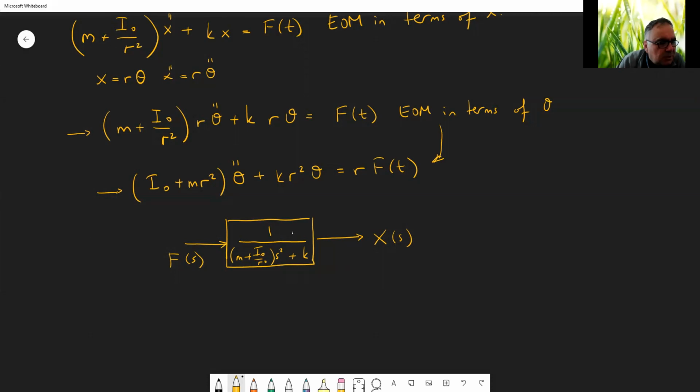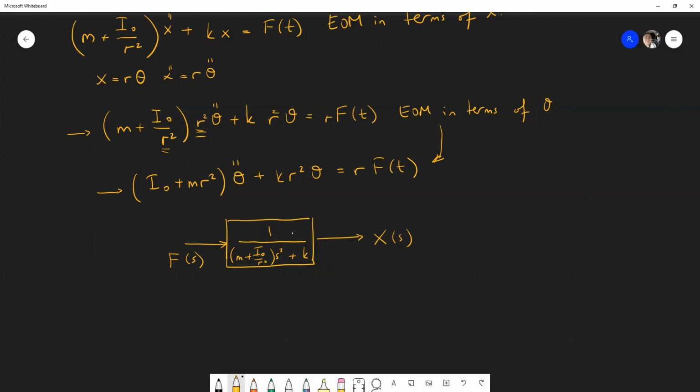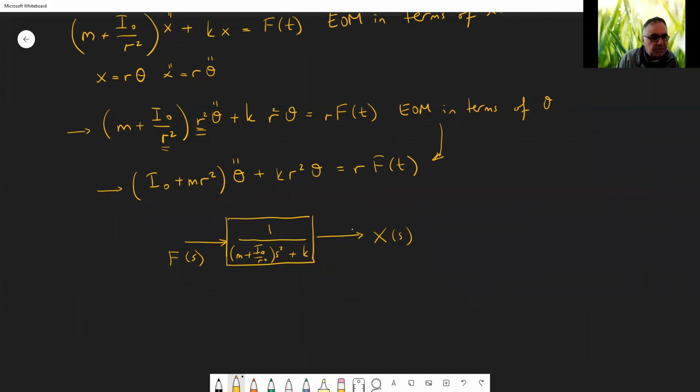Yes, but here you have an r, as you see. So this will be r squared, and this r squared and this r squared will be canceling, okay? Thank you. So if f is the input, x is the output, this is the transfer function you will be getting.